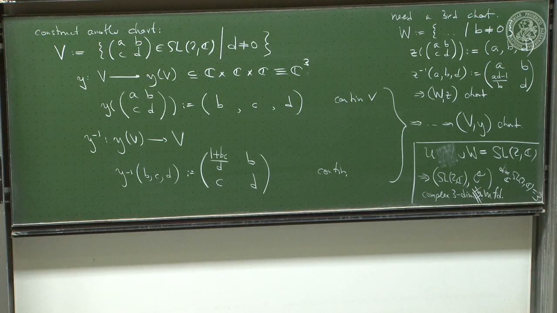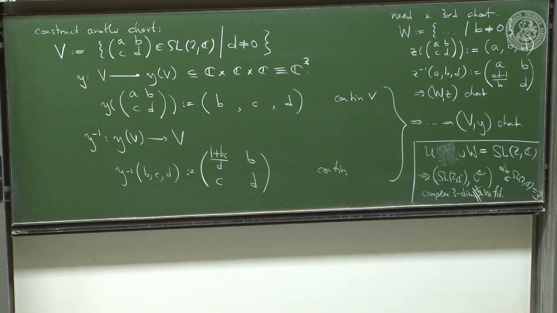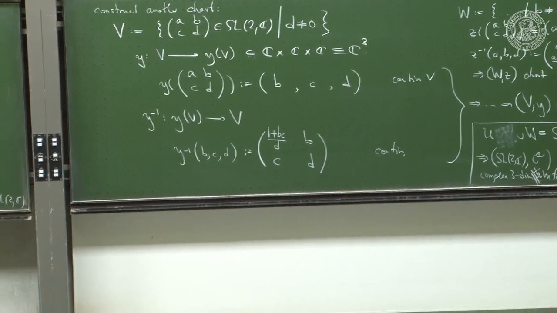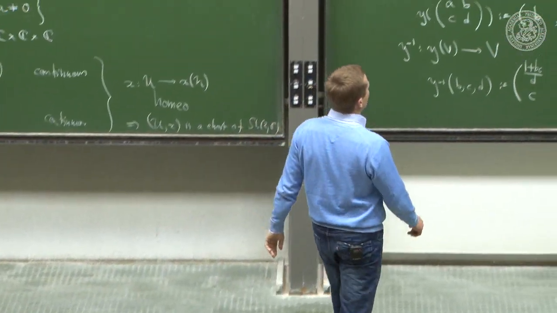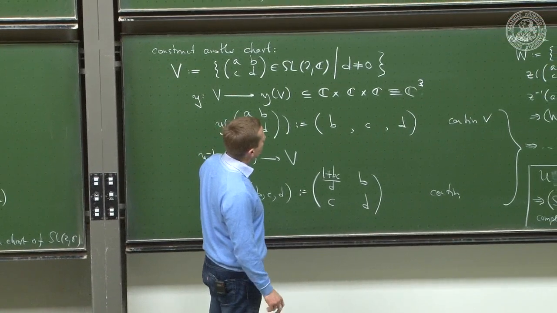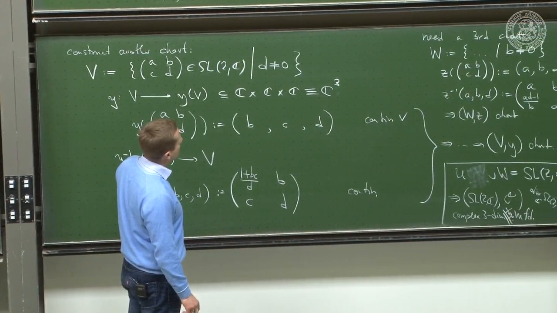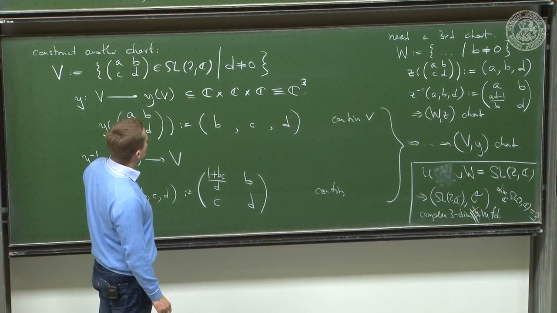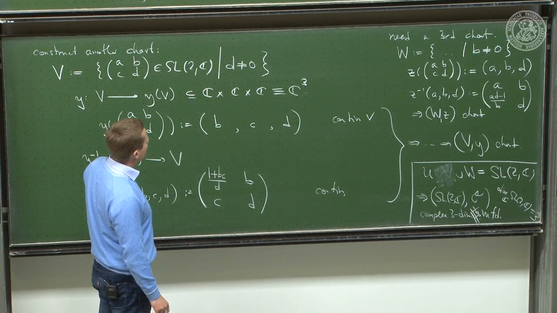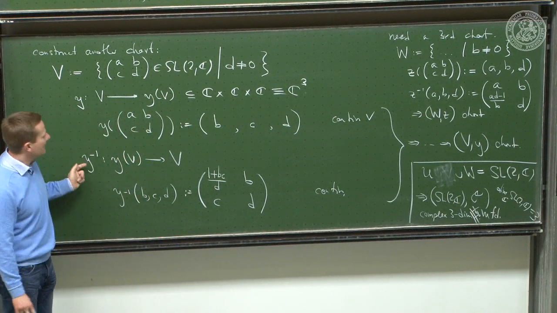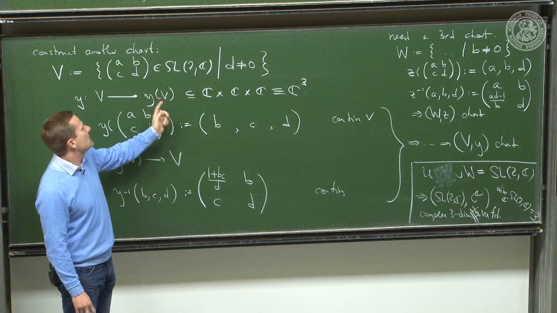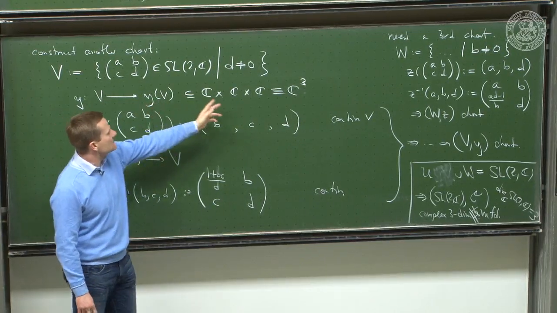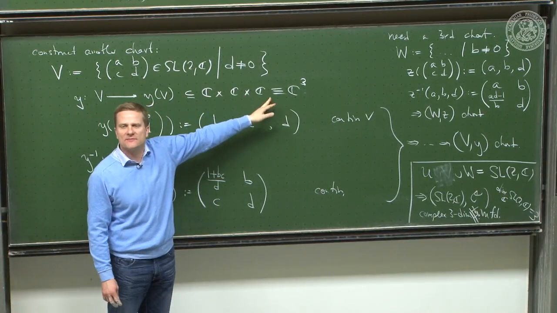Yeah? How would you notice if you had mapped into too many dimensions, like mapped into C4? Well, you would not be able to have a bijection then. You have a Y and you have a Y inverse. So you mean it could be a subset of C4, but one of the coordinates I never use?